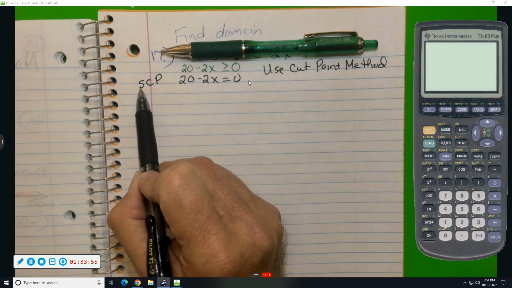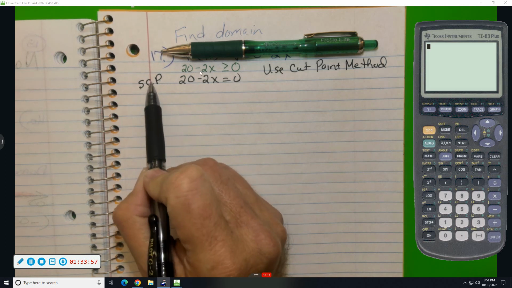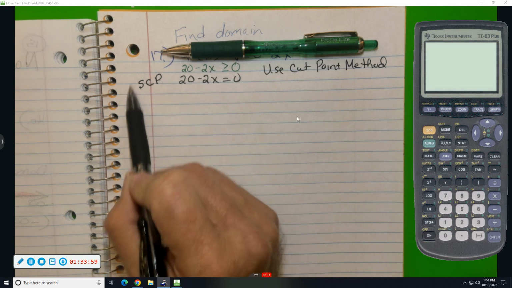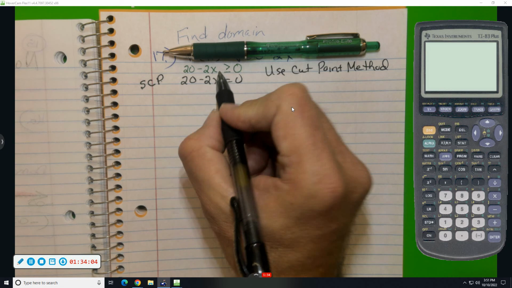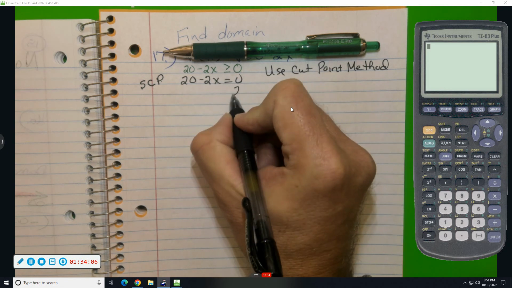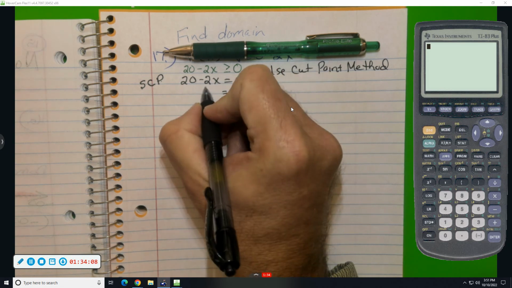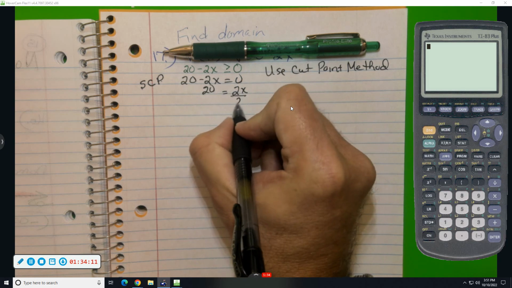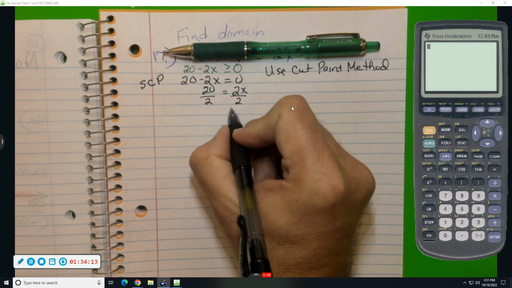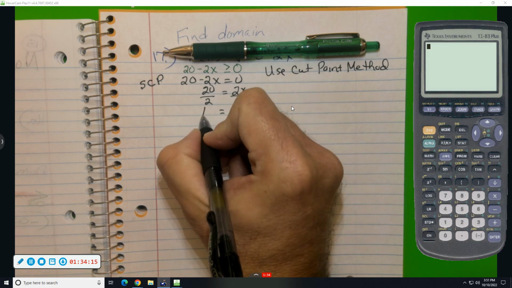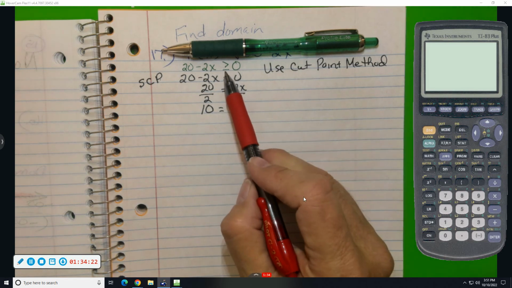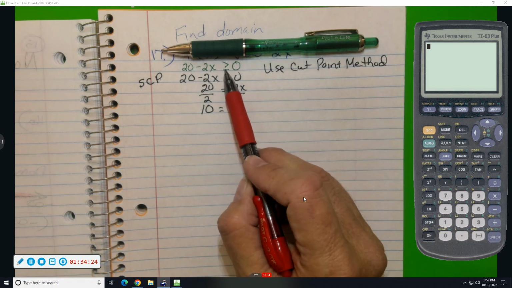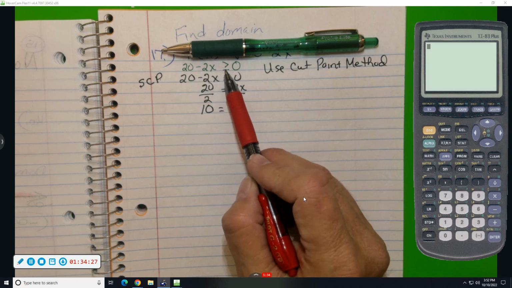Here we're trying to find the solution to this equation. So it's a solution cut point. But let's see, how would I solve this for x? I think I'm going to move this 2x over and then divide by 2. So our solution cut point is 10. With solution cut points, you look at the symbol to decide is it equal to, is it open circle or closed circle?